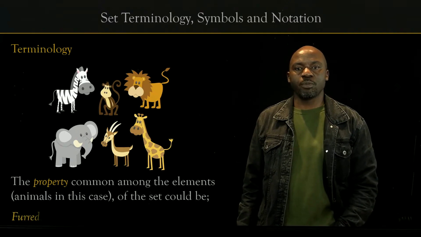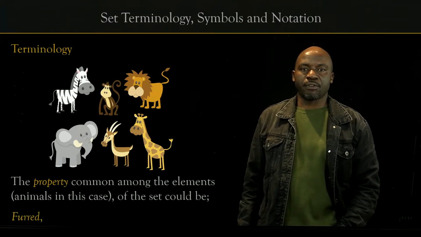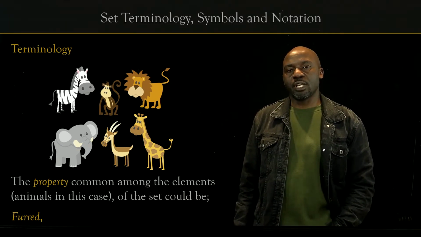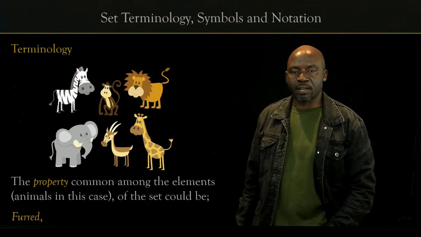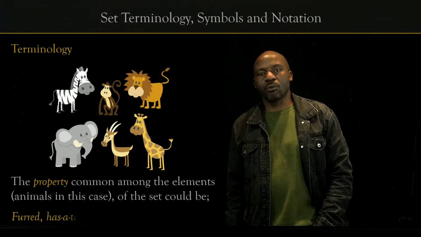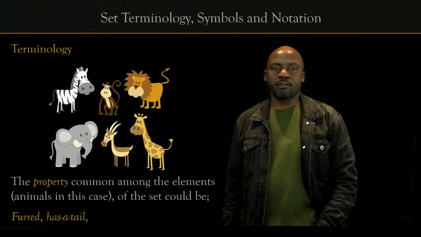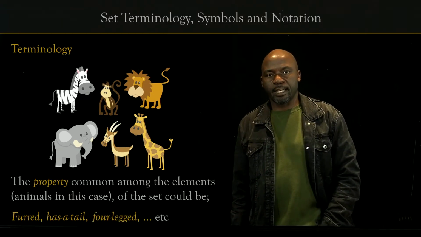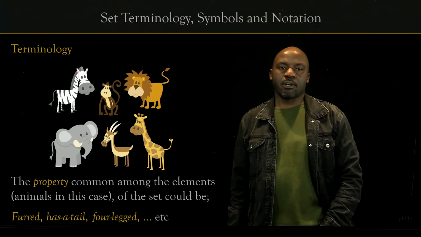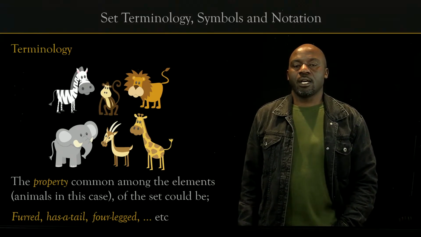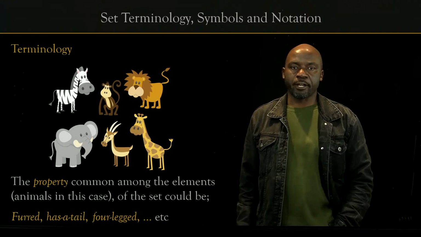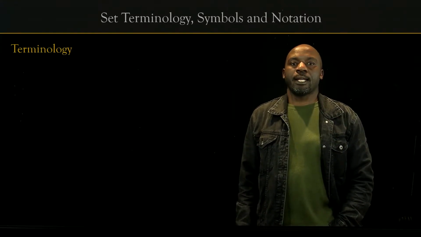So all those would be examples of a common property members of the set will share. So they all have hair, or they are furred. You could say they each have a tail, or that they are four-legged, they have ears, and so on. Okay, those are some properties that all the elements of the set share.